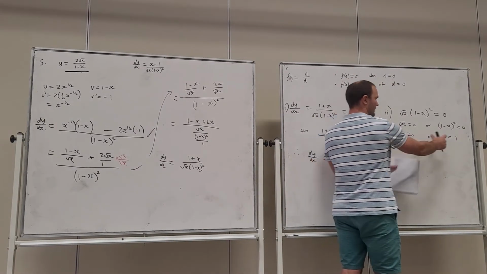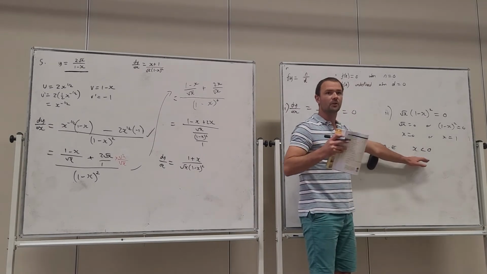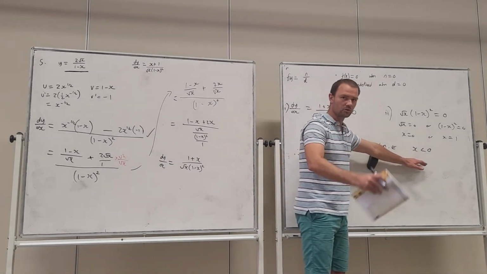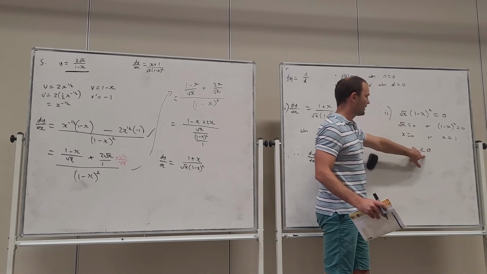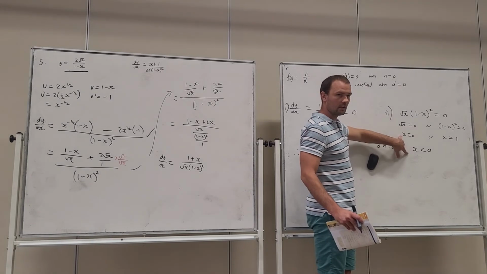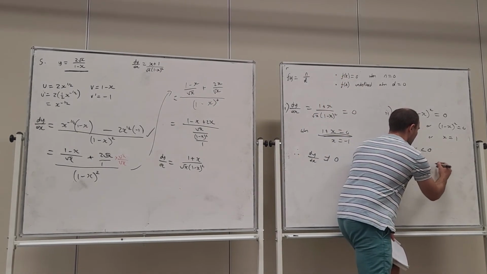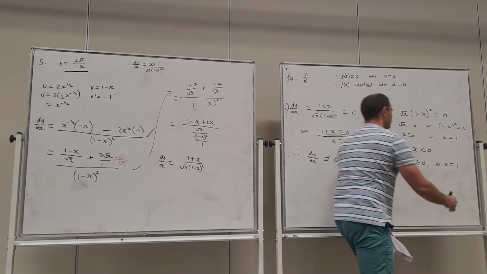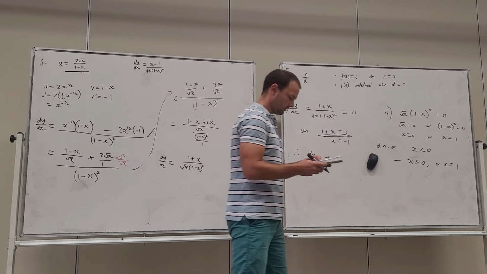X equals 0 or x is 1 from that process there. And then we need to think about this one because of the context of the problem. It's not a solution that we generate from a process, it's one that we get from answering the problem. And we can synthesize those two: x equals 0 and x is less than 0. That's x is less than or equal to 0, or x equals 1. So that's how we're going to answer part 2.